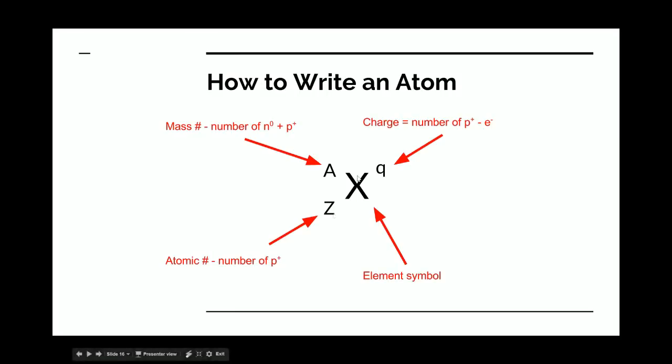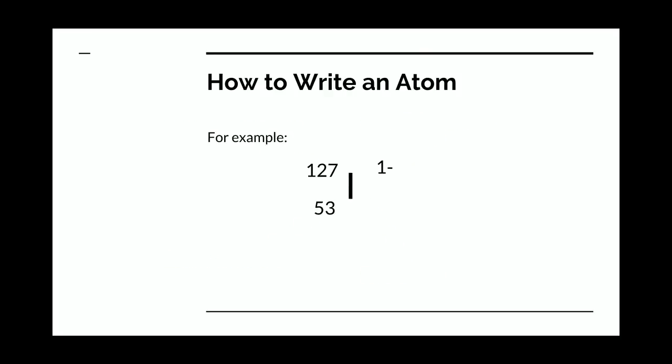And given these 3 numbers, you should be able to figure out how many protons, how many neutrons, and how many electrons an element has. So here's an example. I is iodine, over on the right-hand side of the periodic table, a couple rows down. Every atom of iodine has 53 protons.